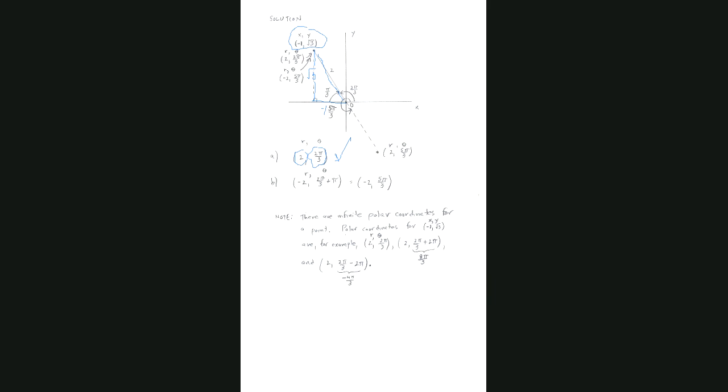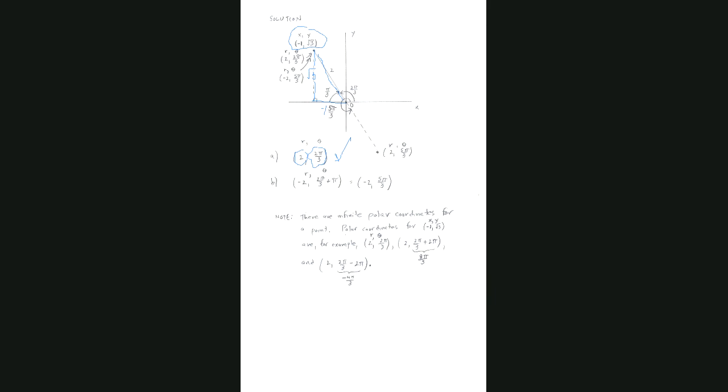Okay, so what we have to do is find an angle. And once we have that angle, we move backwards, and that gets us to the Cartesian coordinate.